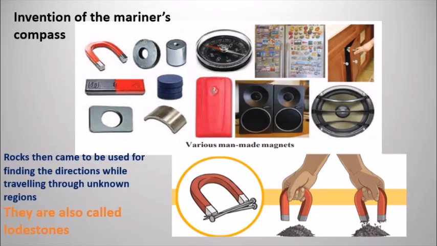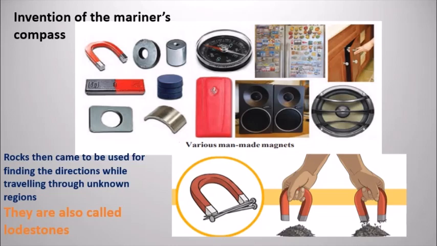Now, in earlier days, the people in China and Europe used a piece of magnet. They used to hang it freely, and it used to settle in the north and south direction. And this rock gave them directions while they were traveling to an unknown region. That is why these stones were called the leading stones or the lodestones.